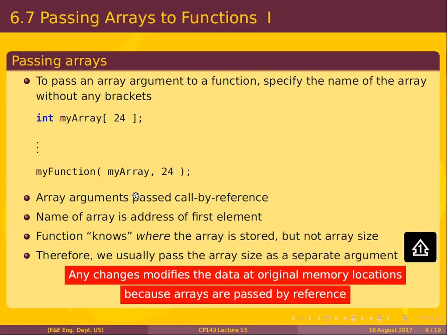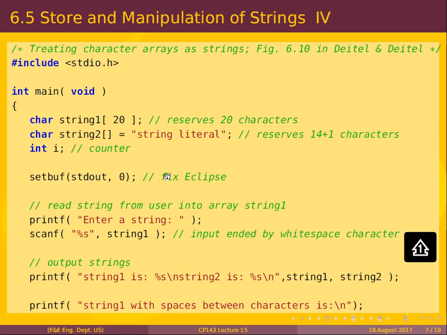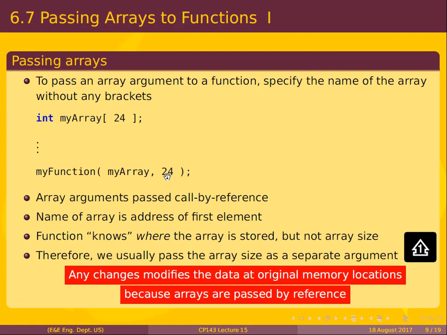Okay, so that's why, when you pass an array to a function, it's good practice to also pass its size. So that's what this 24 is. It's its size. Because if we loop over the array, we're going to loop over just the array elements that you put over here, to make sure that we access only the amount of memory that we told the compiler we're going to use.